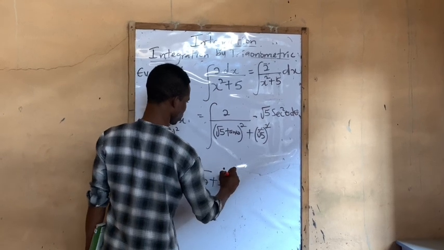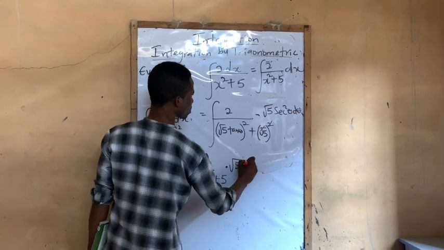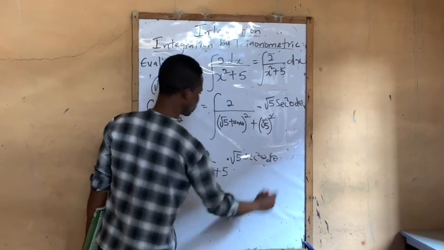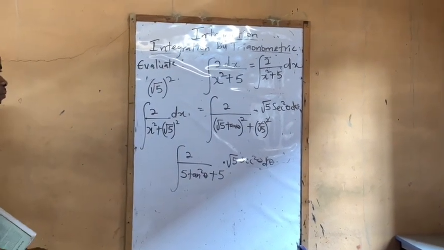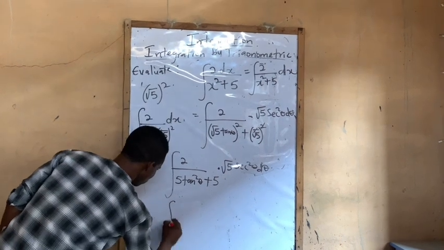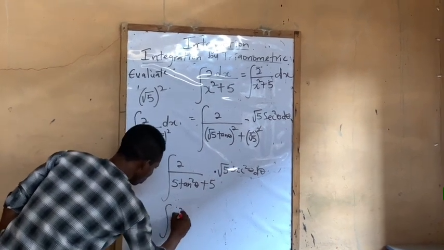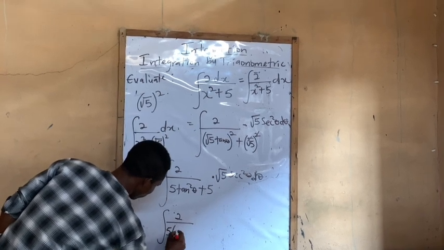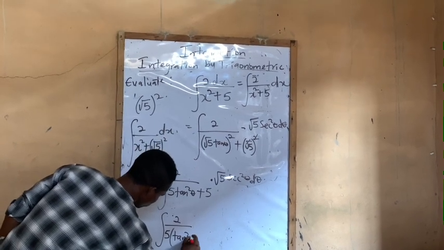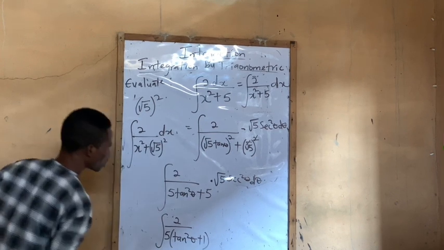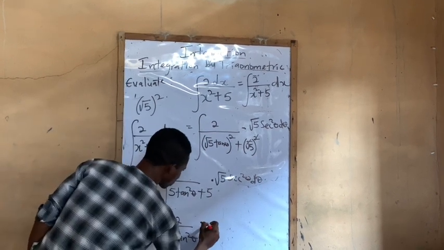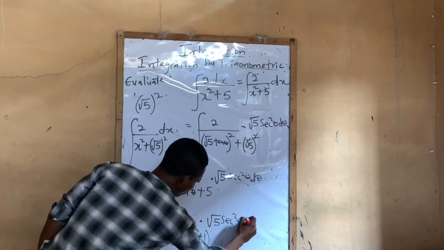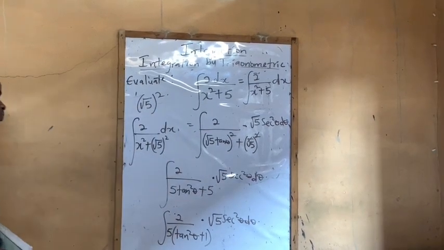Multiply by root 5 sec squared theta d theta. So normally 5 is common here: 5 open bracket tan squared theta plus 1, times root 5 sec squared theta d theta.